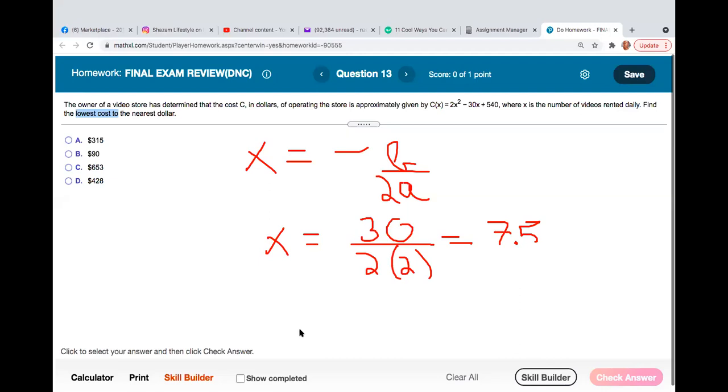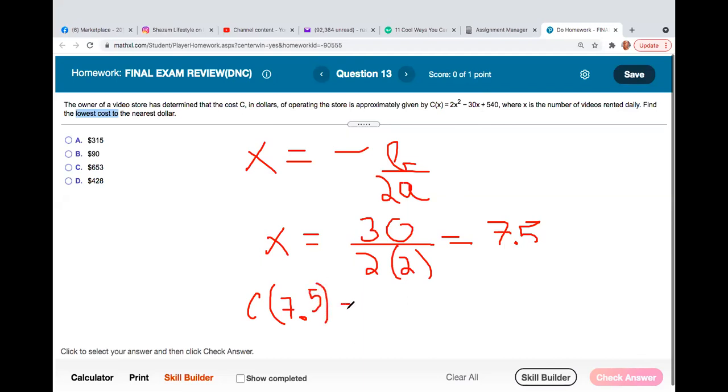Are you guys with me? No? Yes? Yes. Okay. So we're going to take the 7.5 and plug it in here to calculate the minimum cost. So we're going to do C of 7.5. I hate writing on the computer screen because this is really difficult to do.